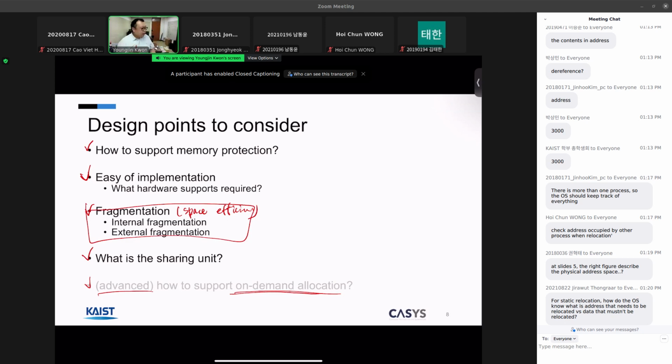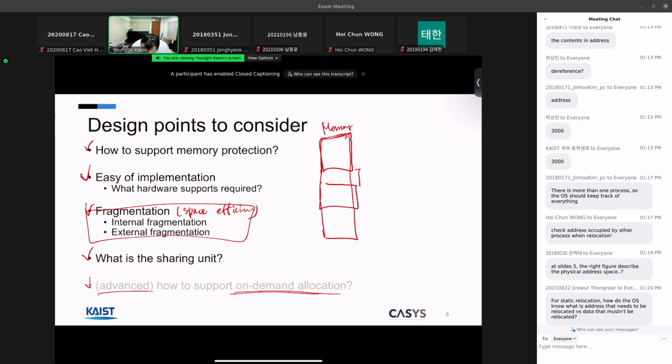Okay, so let's talk about this issue. Fragmentation has two different meanings: internal fragmentation and external fragmentation. I will explain first. Let's say this is a unit of memory. I allocate this chunk, and this chunk.